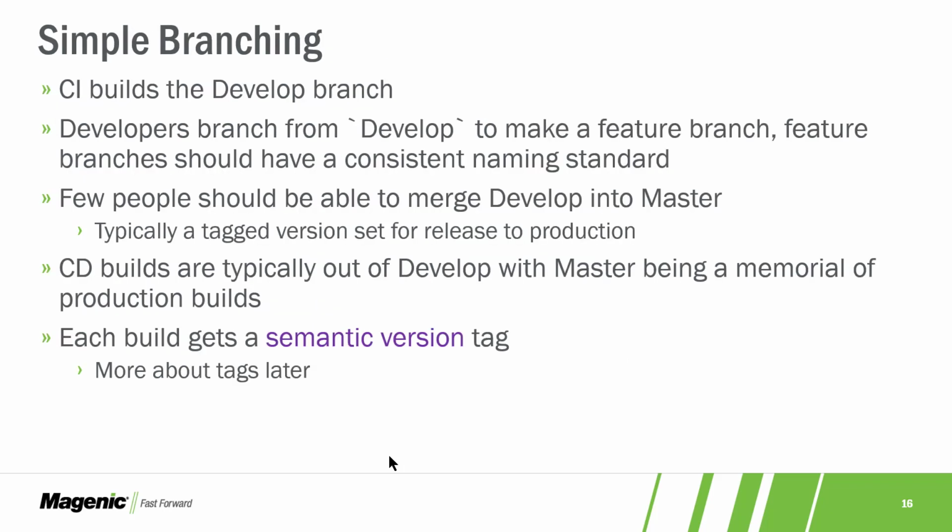We go back to the branching thing. Simple branching. Other than feature branches, of which there could be a multitude, you should strive to have as few branches as possible. And we've talked about develop and master or just master-based projects. And we should talk about the fact that each build should get a semantic version tag. And you recall from our little class structure diagram that tags are a 0 to many on a commit, the commit being the most important thing.